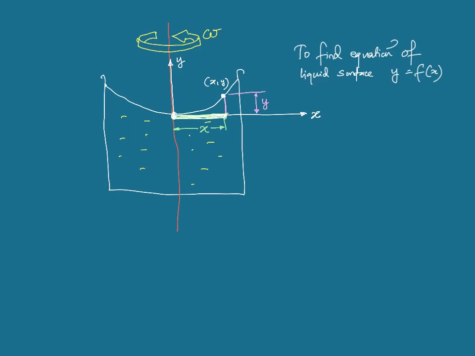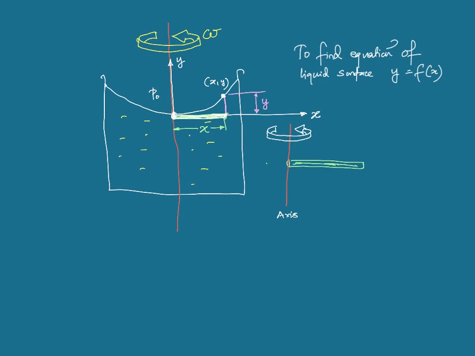At one end of the cylinder you have atmospheric pressure because outside it is P naught. So I will draw the cylinder again here. This cylinder moves in a circular path at angular velocity omega, and this is the axis of rotation.